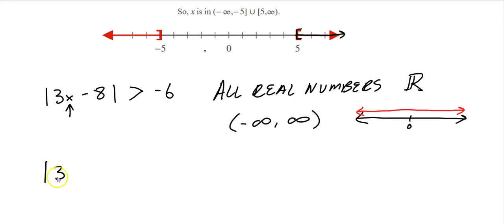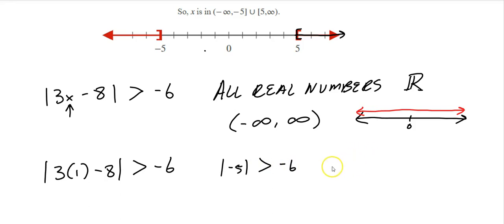So the equation will be the absolute value of 3 times 1 minus 8 is greater than -6. Well, 3 times 1 is 3. 3 minus 8 is going to be -5. So the absolute value of -5 greater than -6. Well, is it? What's the absolute value of -5? It's 5. And 5 is greater than -6.